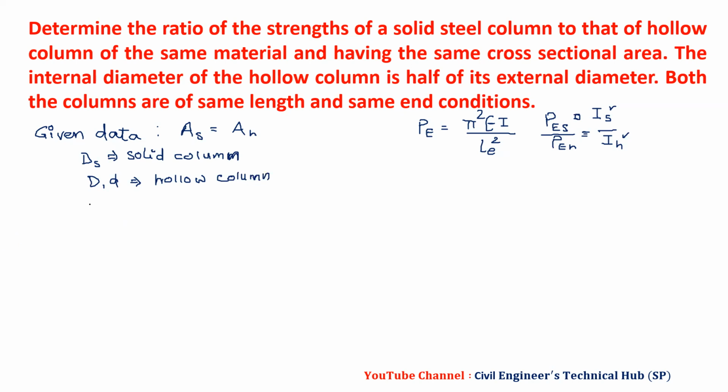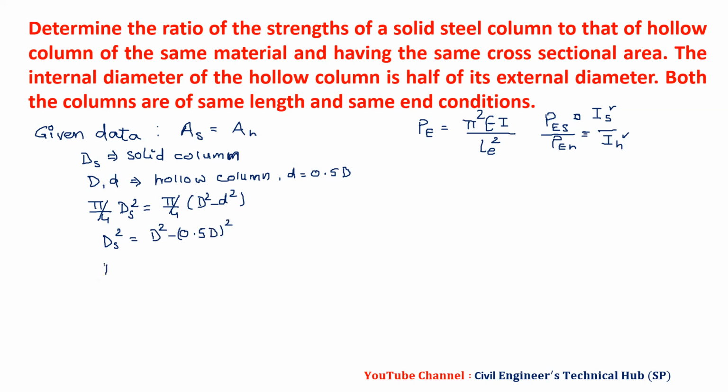Now area same, so we will have pi by 4 ds square equal to, now small d we have 0.5 capital D, therefore pi by 4 D square minus d square. Now this pi by 4 gets cancelled. So we have ds square equal to D square minus 0.5 D whole square.